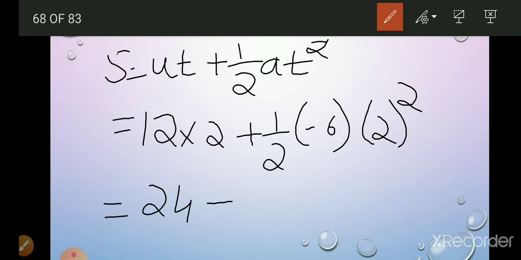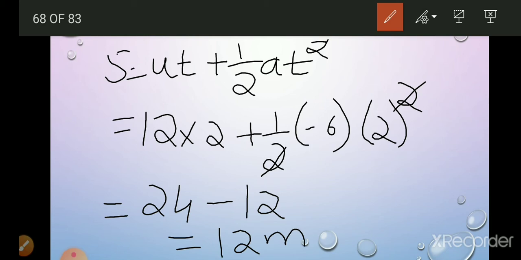Here 2 square is 4, so the 2 and 1/2 cancel, so it is minus 6 into 2, which is equal to 12 meter. 24 minus 12 is equal to 12 meters. So the distance travelled S is equal to 12 meter, which is the answer.